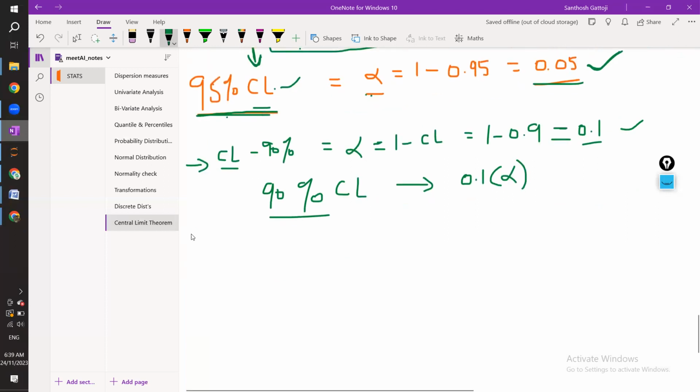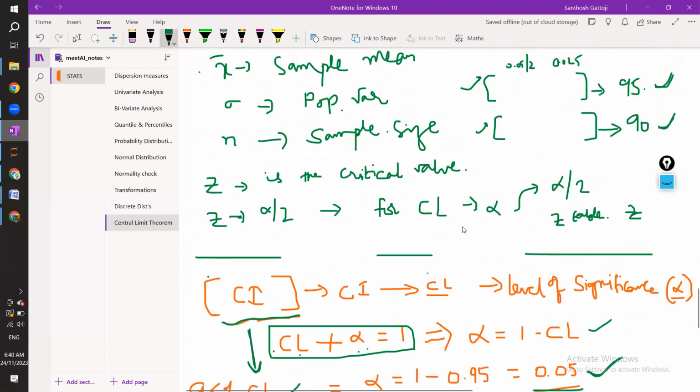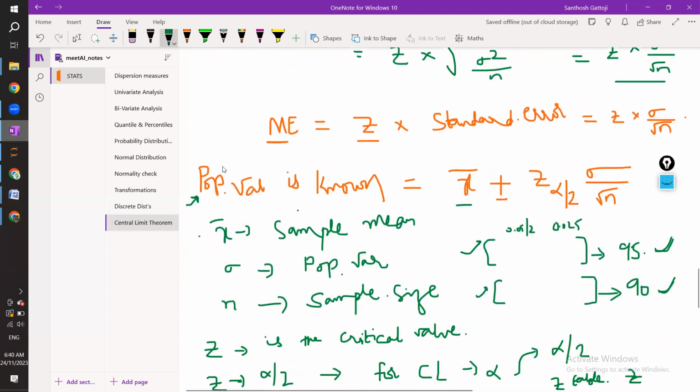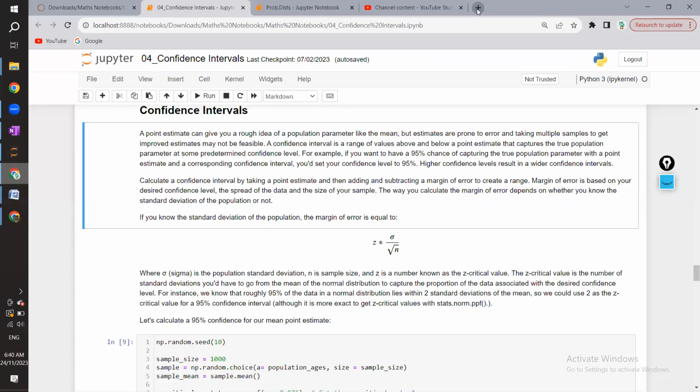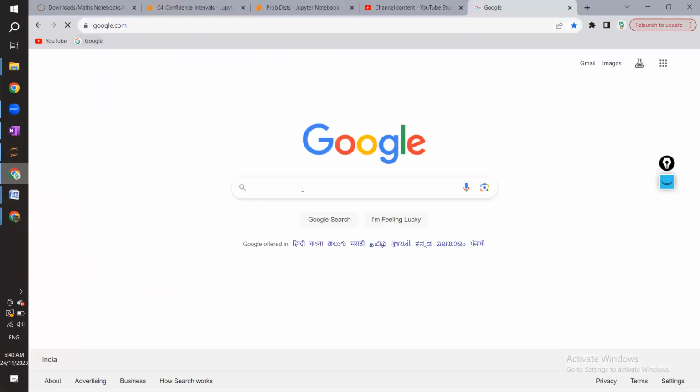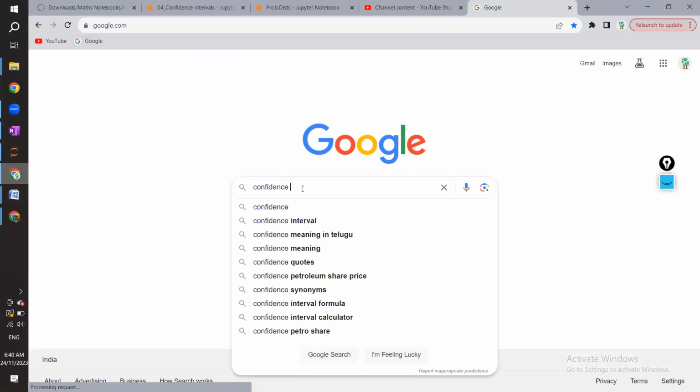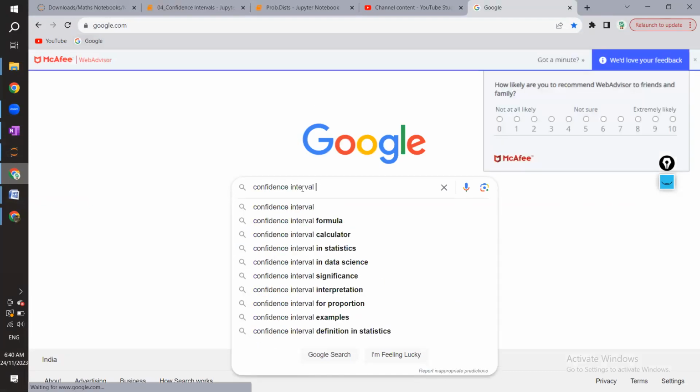So now in today's class, we will try to understand this formula in a bit more detail. It is saying, if the population variance is known, x bar plus z alpha by 2 into rho. Let me see if we can have the confidence interval formula.